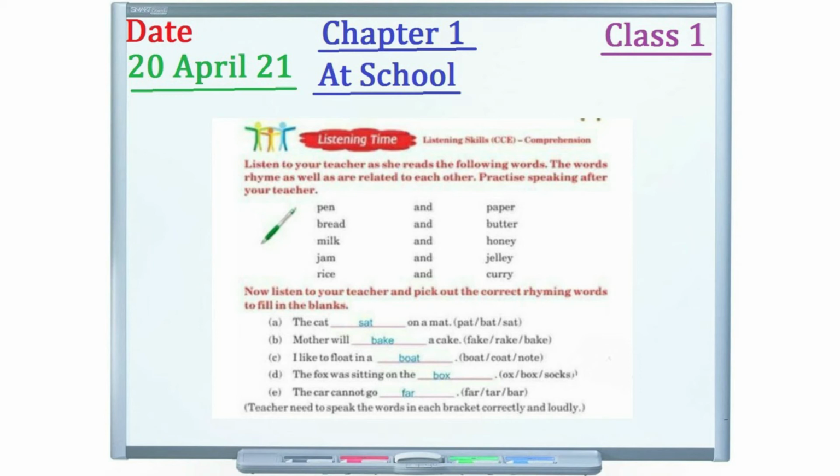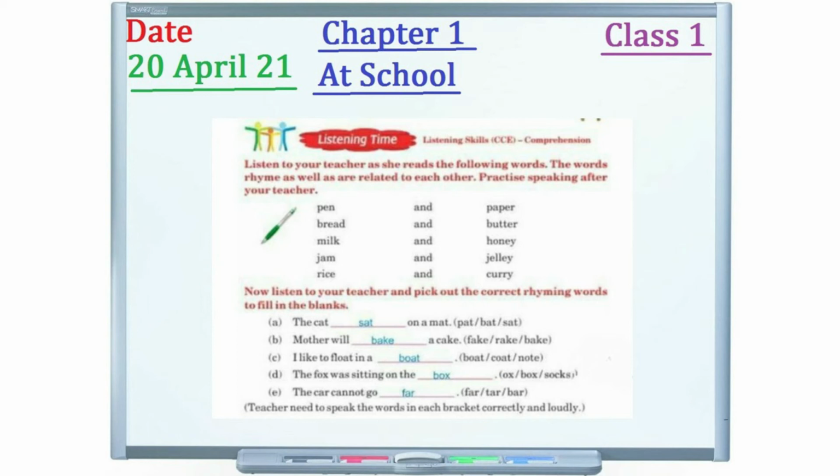BREAD bread and BUTTER butter. MILK milk and HONEY honey. JAM jam and JELLY jelly. RICE rice and CURRY curry.